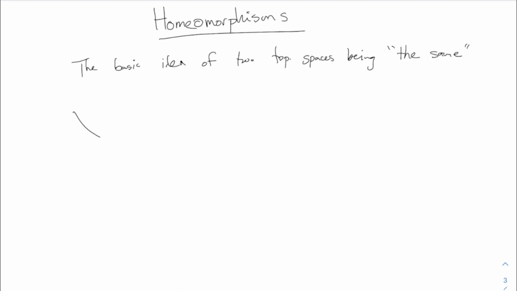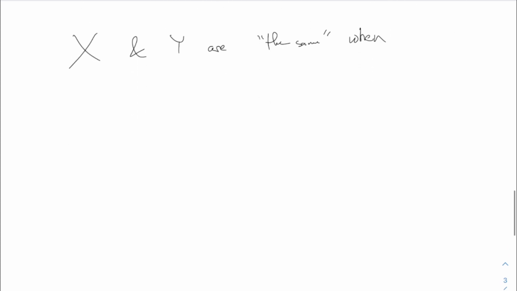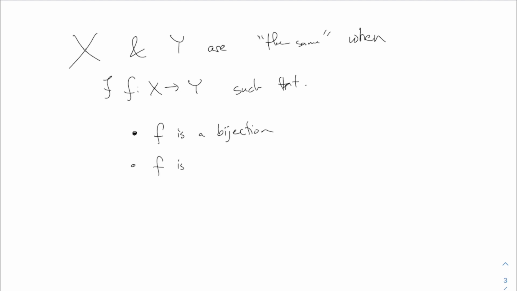And the way that we think about this in topology is X and Y are sort of the same. Expressing this in terms of functions, X and Y are the same when there exists some function f from X to Y such that, first of all, actually 3 properties are necessary. First of all, f is a bijection. And also f is continuous.